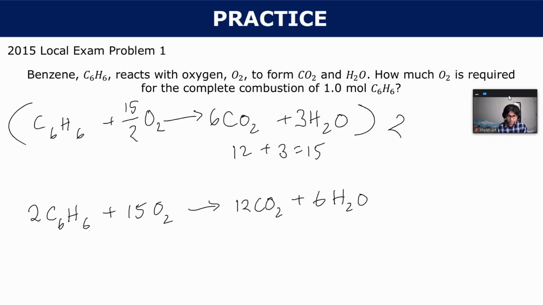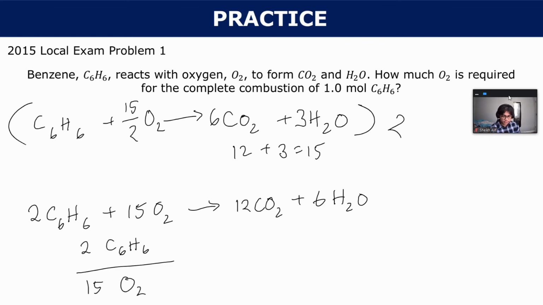Now we're asked to find how much oxygen is required for the complete combustion of 1 mole C6H6. Complete combustion just means that it's going to fully react, and we know the ratio of benzene to oxygen. So for 2 moles of benzene, you need 15 moles of oxygen, and we know that from the reactant side.